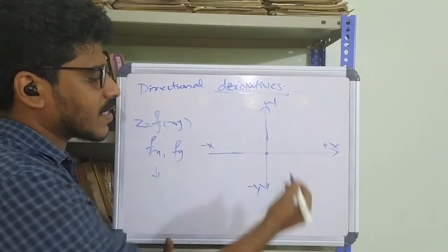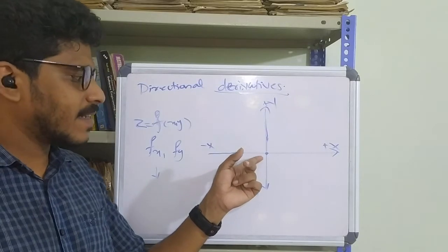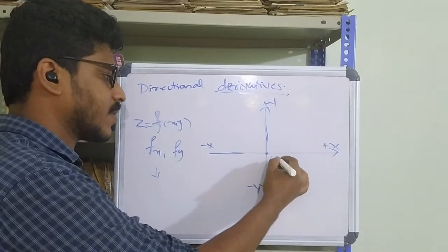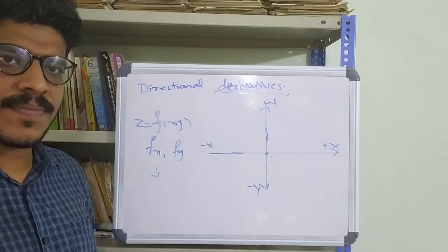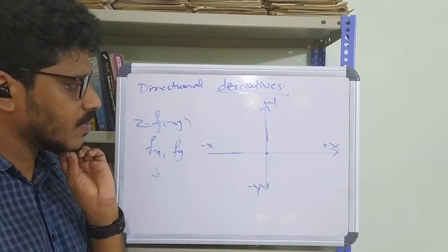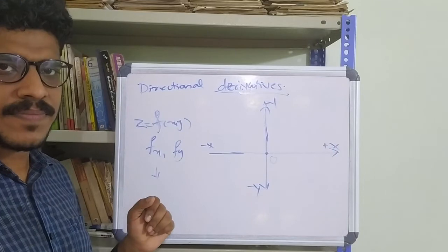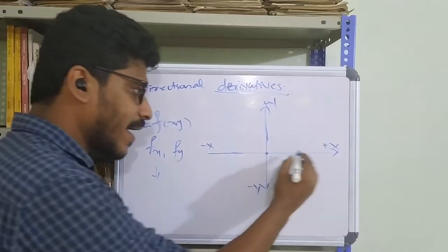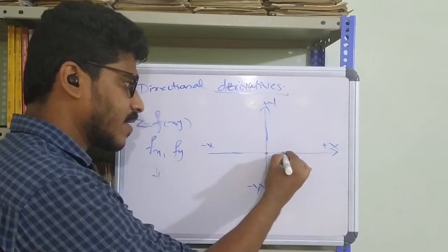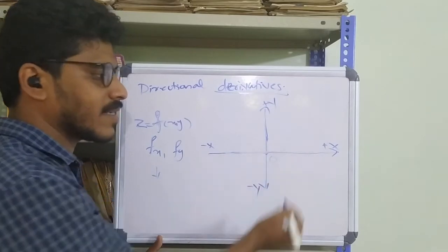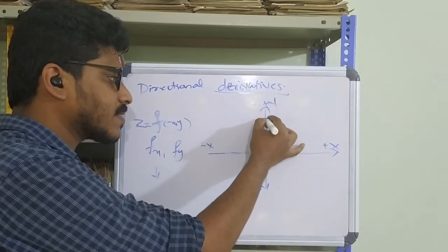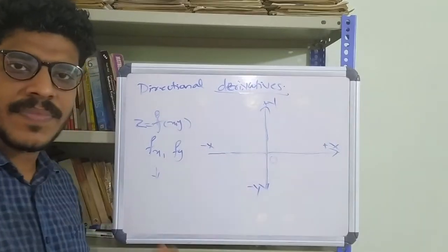Suppose we are trying to find the partial derivatives at the origin. fx gives the rate of change of z in the x direction. Similarly, fy gives the rate of change in the y direction.